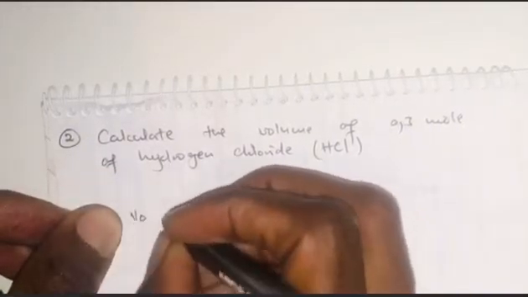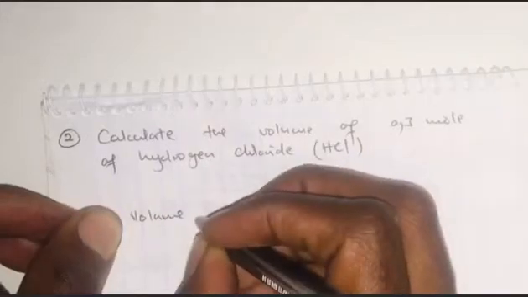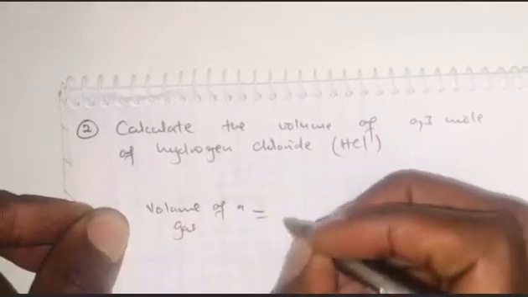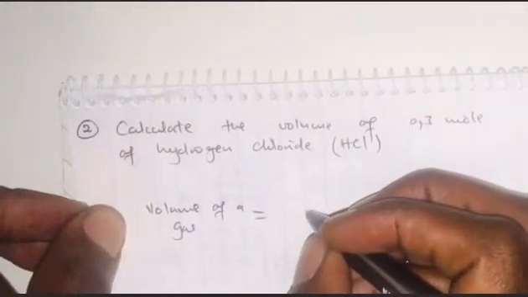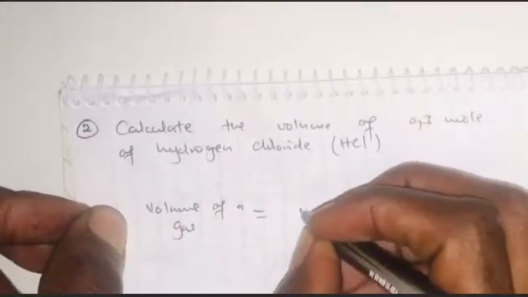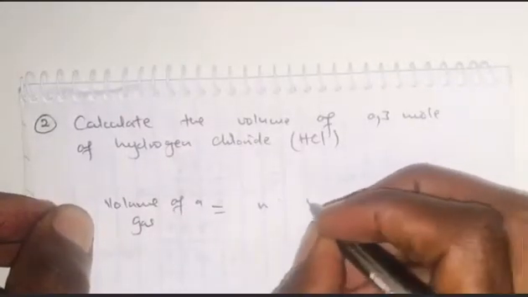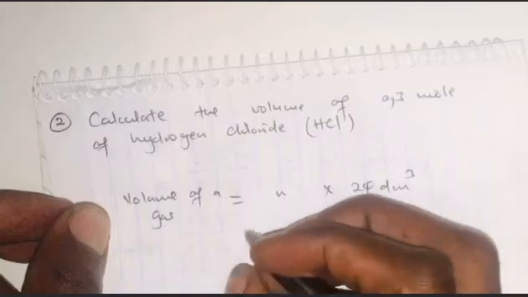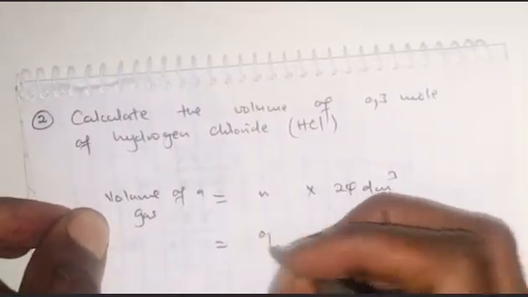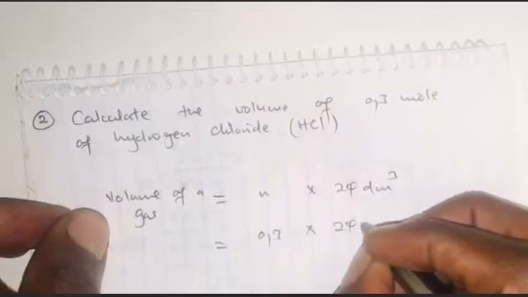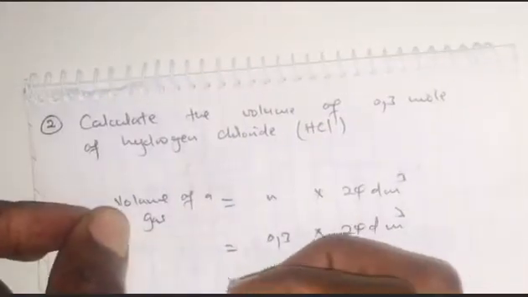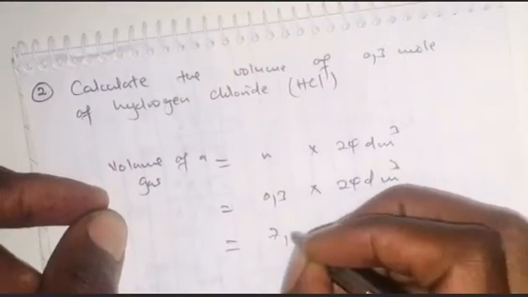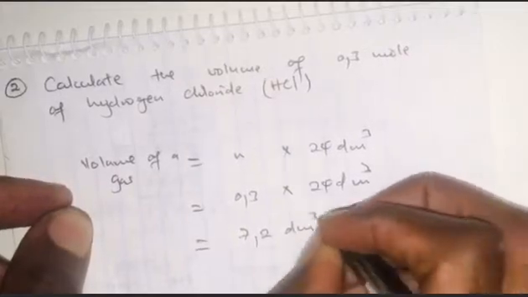Now making the volume of a gas the subject of the formula, the volume of a gas is equal to number of moles multiplied by 24 dm cubed. Then the number of moles is 0.3 moles multiplied by 24 dm cubed. Of course we've got 7.2 dm cubed.